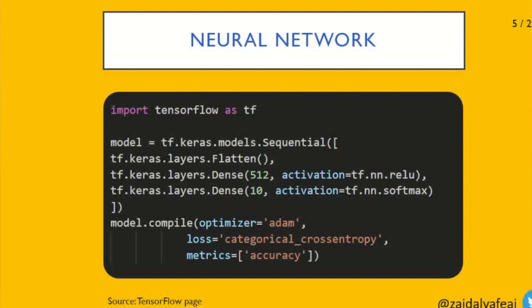The last one is the metrics, which calculates the accuracy of your model. For instance, how accurate your model is doing. It gives you a percentage. If your percentage is high, like 98%, that means you are doing well and you are classifying the data correctly.